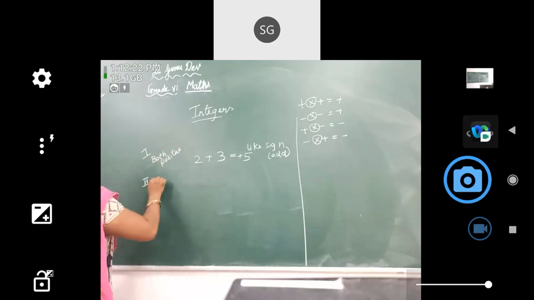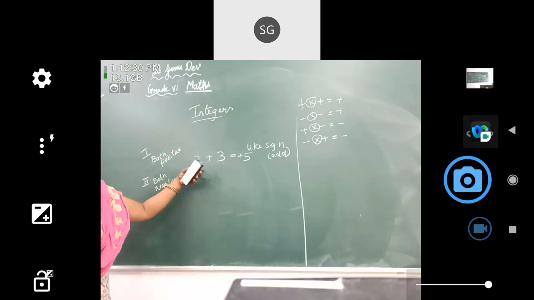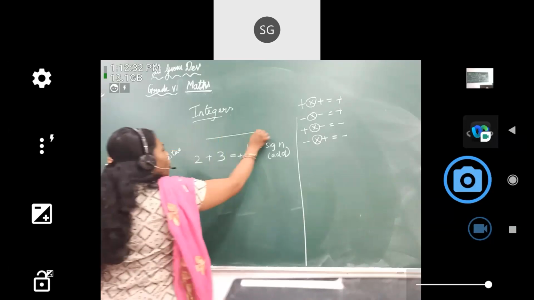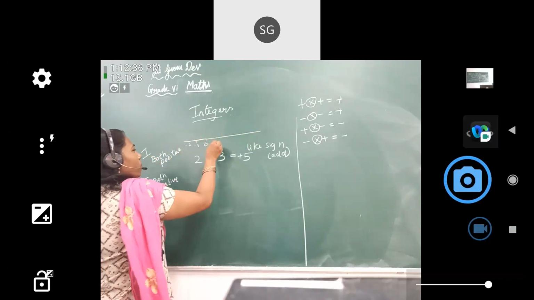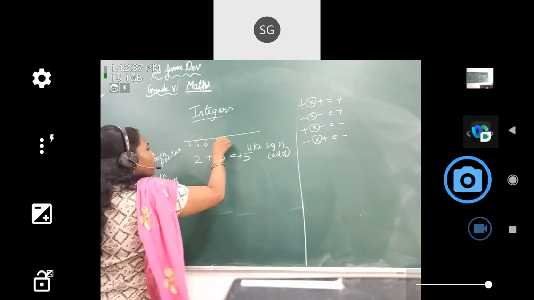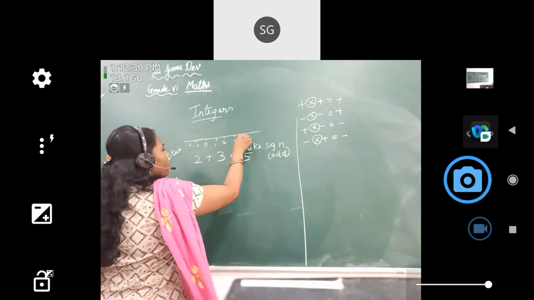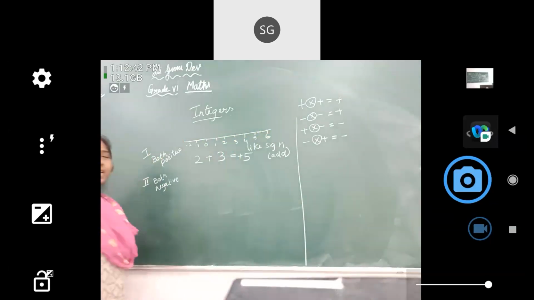Here both are negative. See, imagine this on your number line also. What you will do if here it is 0. Why we are adding when it is like sign?